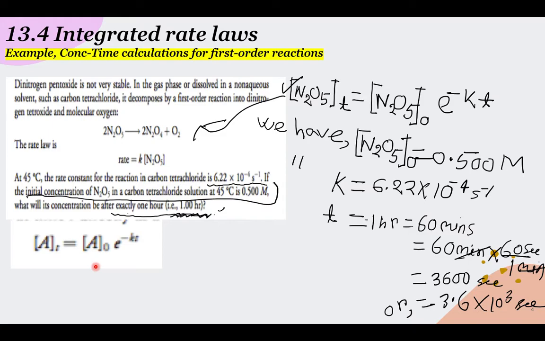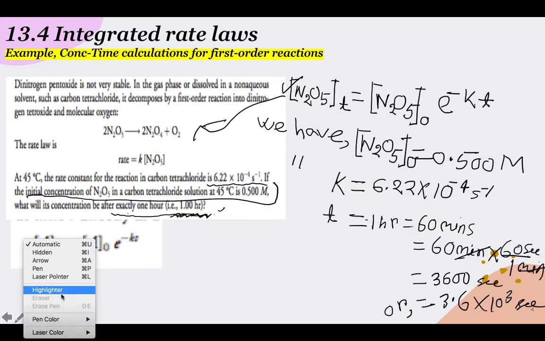Nitrogen pentoxide, yeah, 0.5 molar. Okay, so let's put in the values. I forgot to write the answer here, so let's do it together.